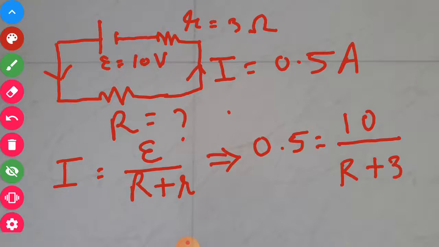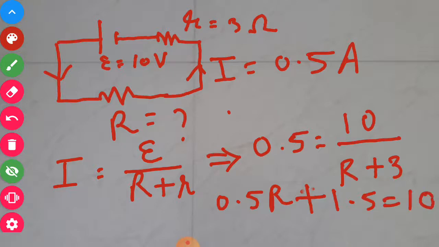So 0.5 R plus 0.5 into 3, that becomes 1.5, is equal to 10.